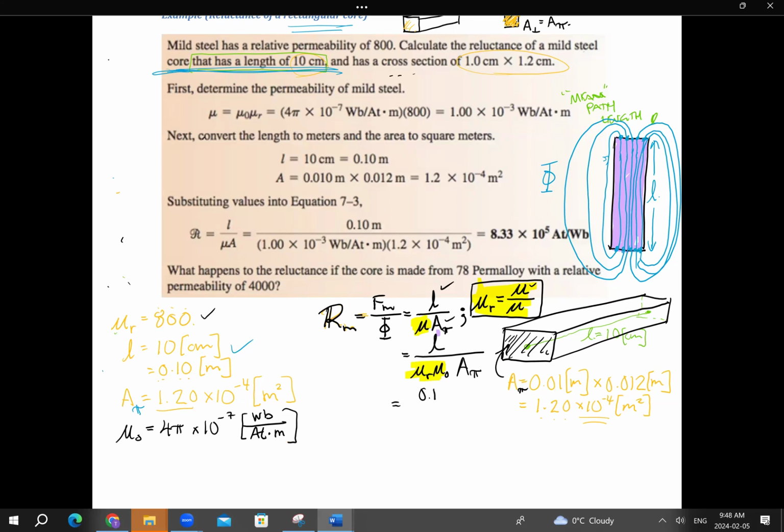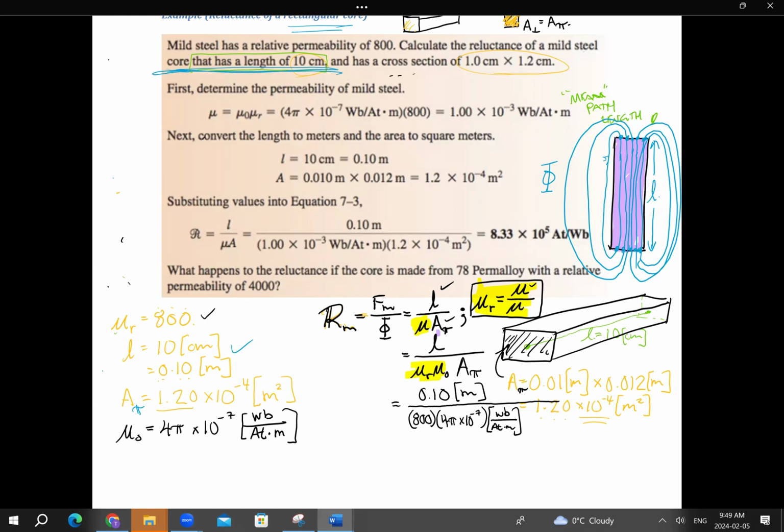So I'm going to now substitute in my length, carrying 3 significant digits. I am going to substitute in my relative permeability, which is 800. Again, it's a ratio, so it does not have units. My permeability of free space, which by definition is 4 pi times 10 to the negative 7. I'm going to keep its units for clarity, and because we always ought to keep our units in every mathematical equation that we're solving. Our units help us.